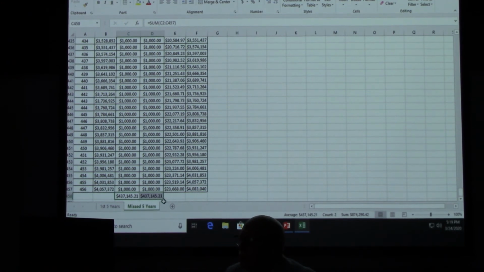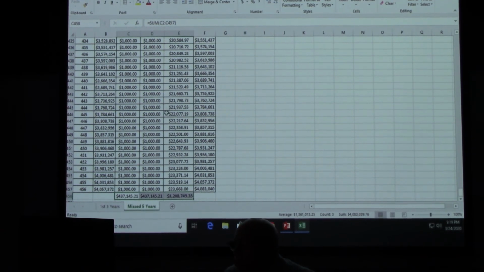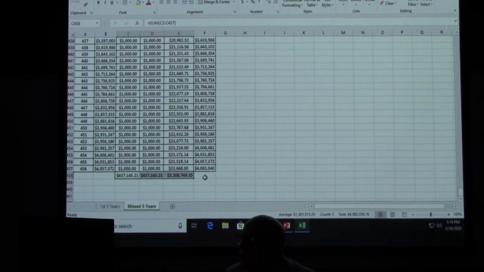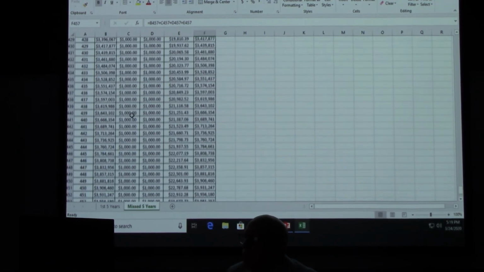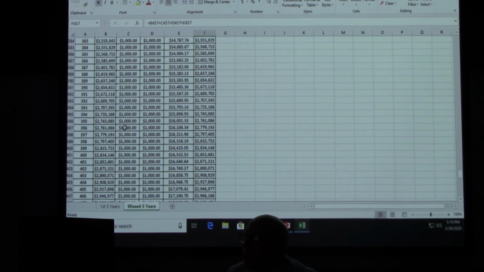And let's see how much return we've earned. $3.2 million in return over time. So the return starts kind of small, but boy, it starts adding up. And here's our ending balance, $4 million. Not too shabby. And that's capping out at the end of year 9.